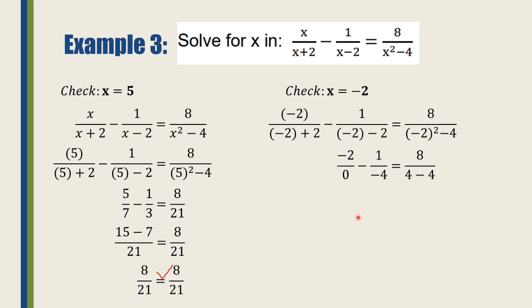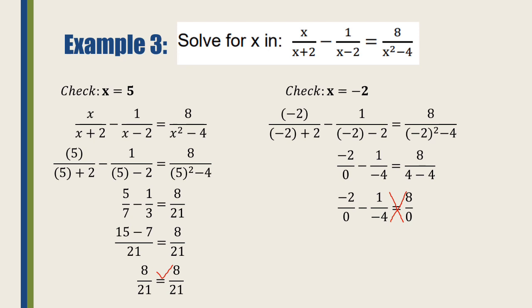Okay. Then so negative 2 over 0, this is undefined. Okay. Minus 1 over negative 4 is equal to 8 over 0. So 8 over 0 is undefined also. So meaning to say, this cannot be.